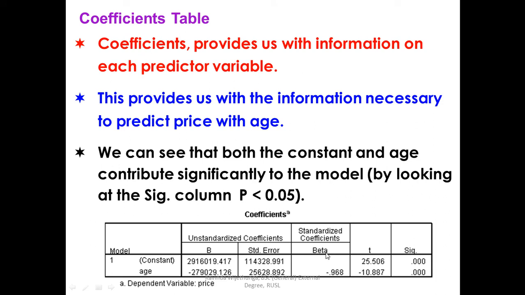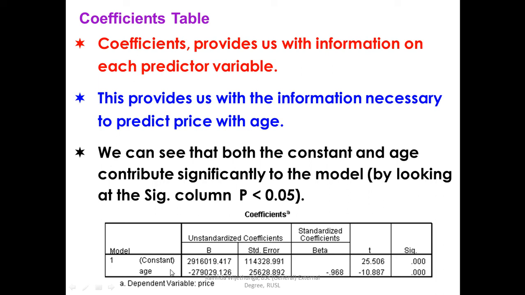So then you can find the coefficients. Constant means what? That is taken as B naught. B naught we can take as 2,916,019.147.